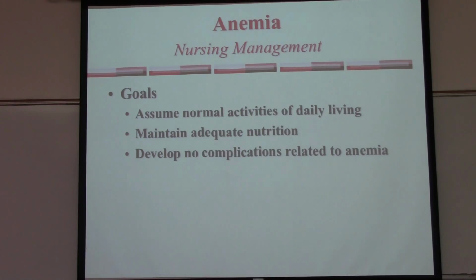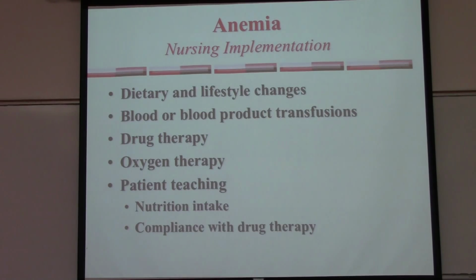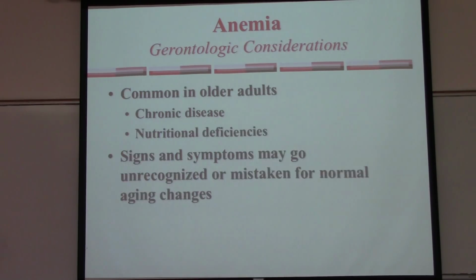Your goals: normal ADLs, nutrition, and minimize complications. Some of the things that we can do are identified here, and of course, they're going to be more specific depending on what the problem is, right? So these are clearly overviews. And we'll talk about more of these as they come up in the different particular kinds.